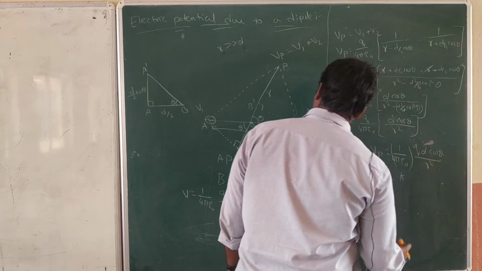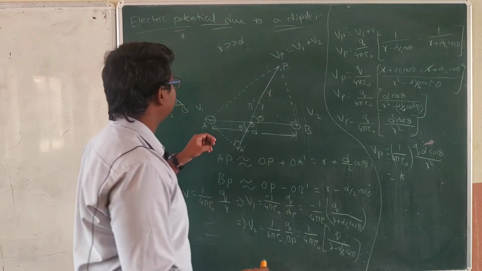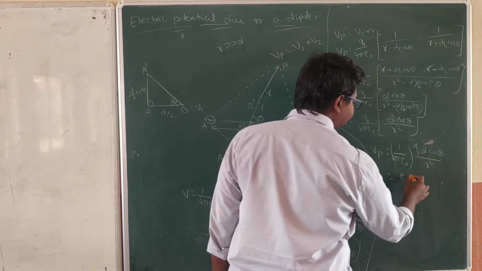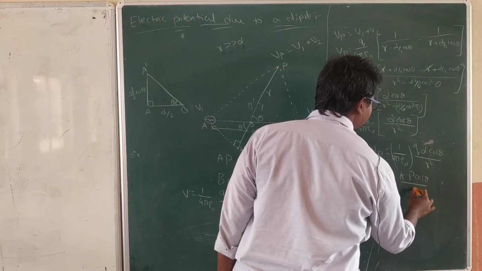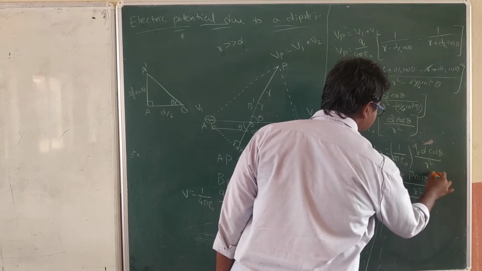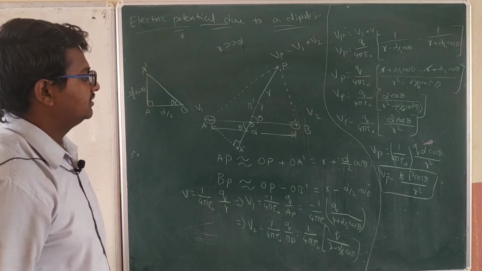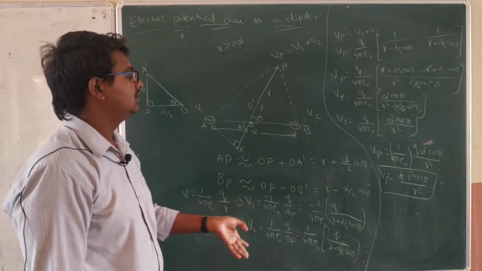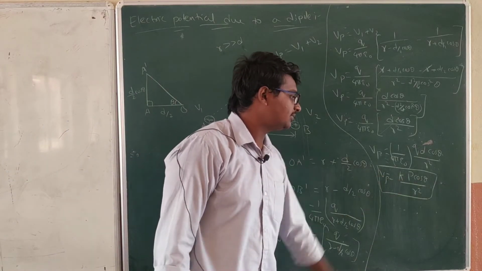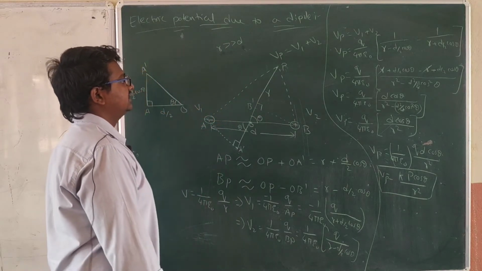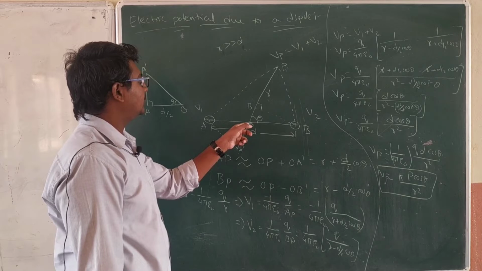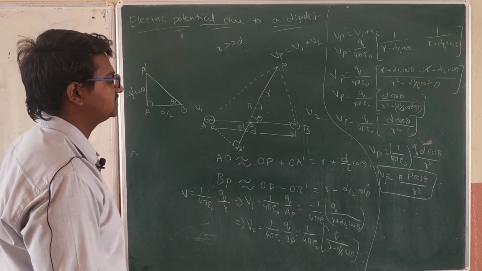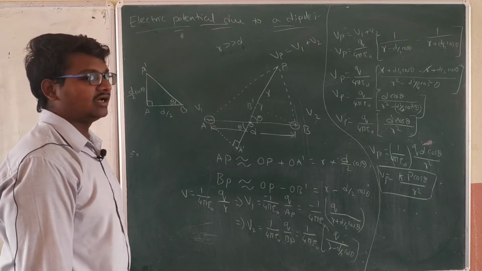While we are discussing the electric dipole, Qd is nothing but called the dipole moment P. So Kp cos theta by r square is equal to Vp. The potential at point P due to these two charges of the dipole is Kp cos theta by r square, where r is the distance from the center point of the dipole to the point where we want to find the potential due to the electric dipole. That's it. Vp equals Kp cos theta by r square.